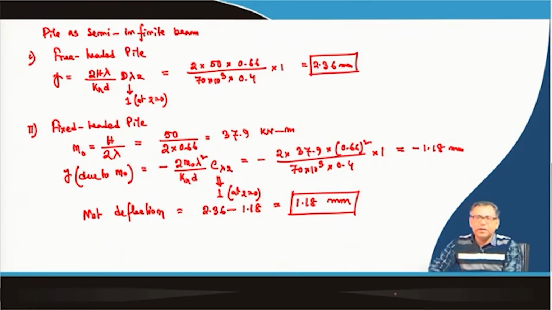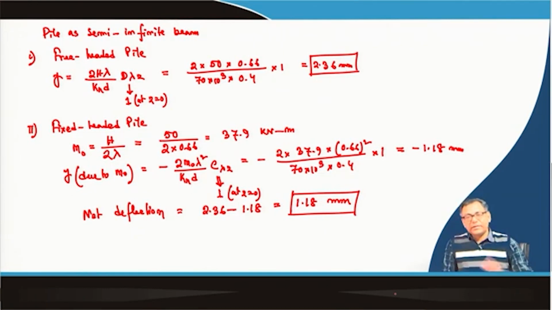In that case, the result you get by considering the pile as a finite beam is the proper result, because in that case you cannot model the pile as a semi infinite beam. Clear? But in both the cases, whether the pile is a finite beam or a semi infinite beam, kh is uniform. So, this concept is more or less useful for cohesive soil, where the kh value is uniform.